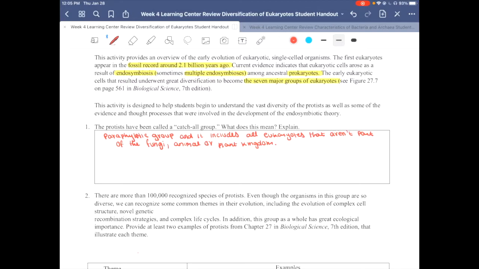Another reason they're called the catch-all group is because they're just super diverse. They vary greatly in size. They can go from macroscopic to microscopic. Some can be as long as 60 meters long, and they have characteristics like overall form and distinct organelles, or sometimes even both. So they have a range of size.